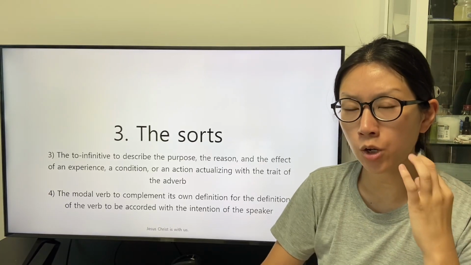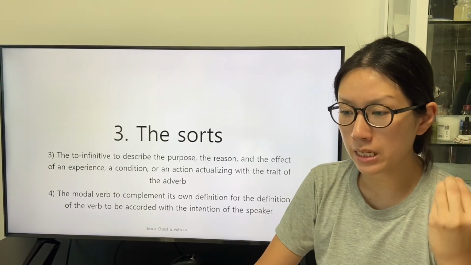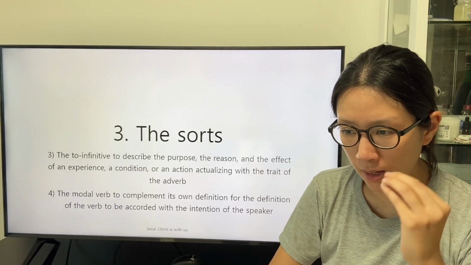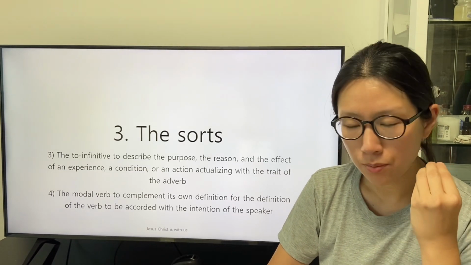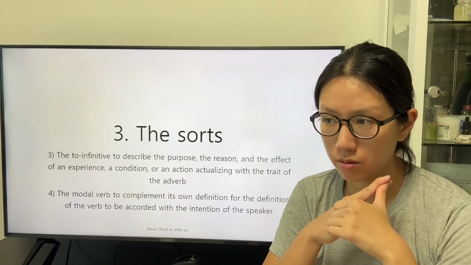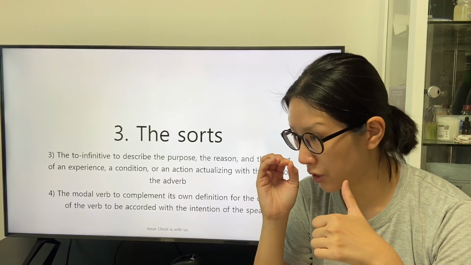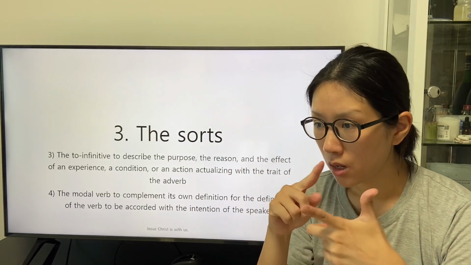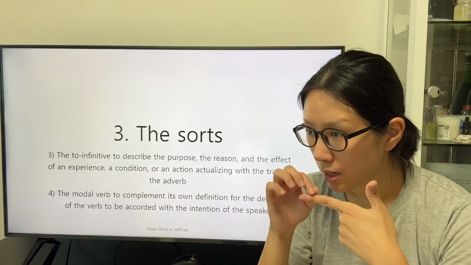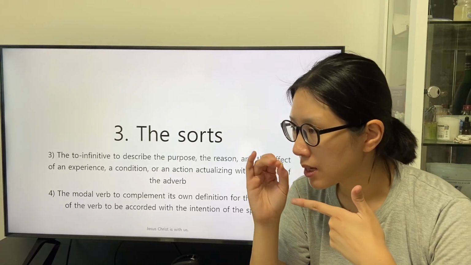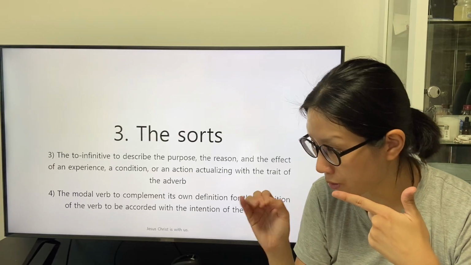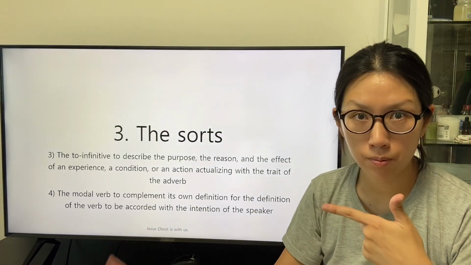We can understand that the to infinitive is applied as an indication with a trait of a noun or a description with a trait as an adjective or with a trait as an adverb.